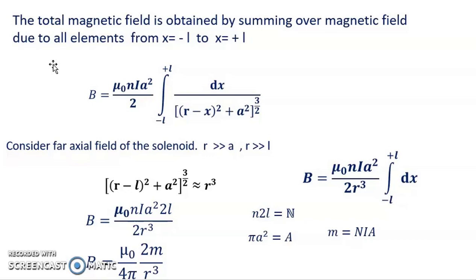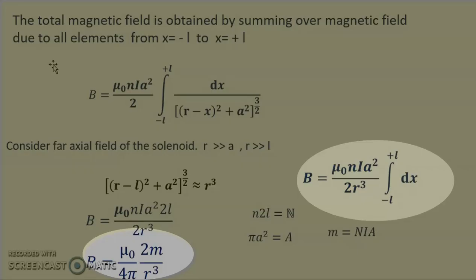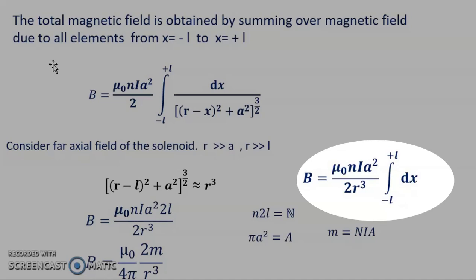Therefore, ((r minus x) whole squared plus a squared) whole to the power of 3 by 2 can be approximately written as r cube. Therefore, B is equal to mu0 n i a squared by 2 r cube integral from minus L to plus L of dx.